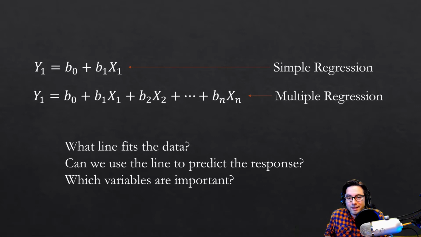Now, when we're making these models, some of these predictors work better than others. And so one of the things we're going to be thinking about this week is what variables are important. Is one of them important? Is all of them important? Are two of them? I don't know. That's what we're going to explore.